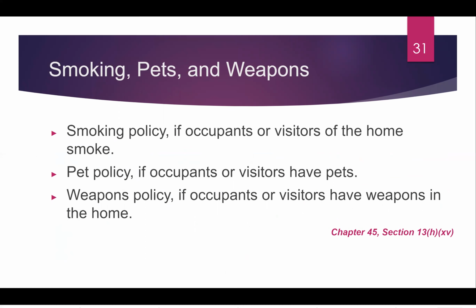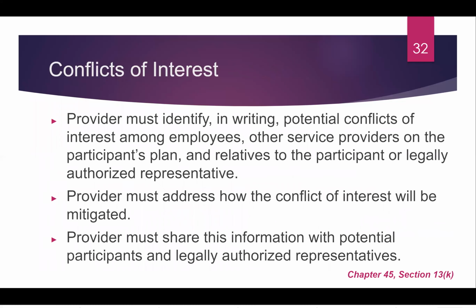The smoking policy must assure the protection of the participant's health. The pet policy must assure that pets have the necessary vaccines. And the weapons policy must assure that weapons that are owned by the provider are locked up or inaccessible to the participant, and that ammunition is stored separately.